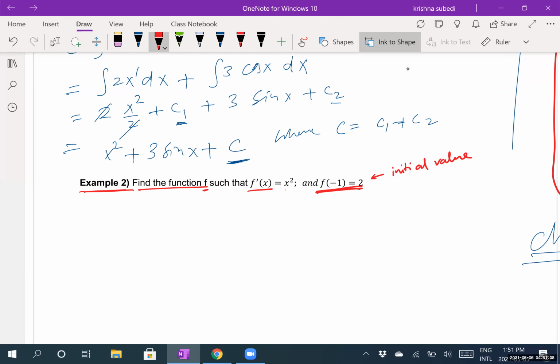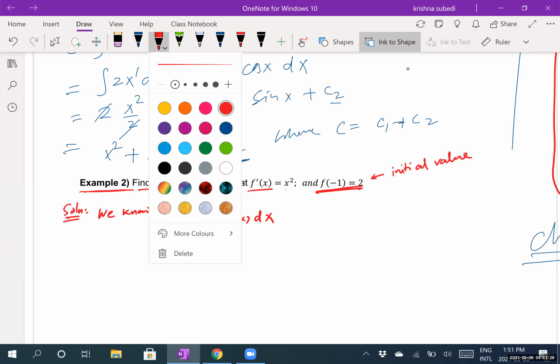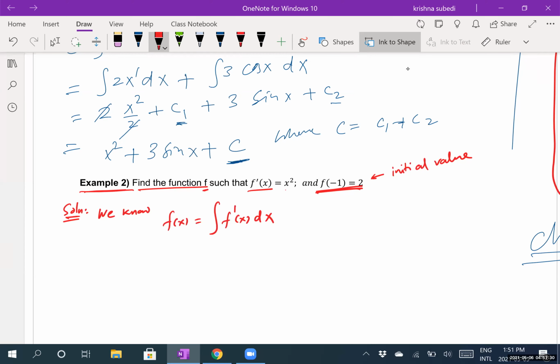Well, we know that f of x always equals the antiderivative of the derivative. We know this. Now, what it means is this is the integral of x squared dx.